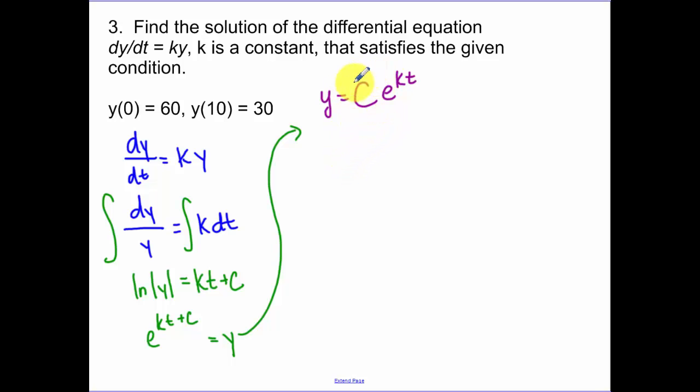I have to find what this c is and I have to find what the k is. I'm going to plug in this initial condition first because that makes my life easy. At time 0, y is 60. So e to the 0 power is 1. So c is equal to 60. So now we have a little bit easier of a problem.